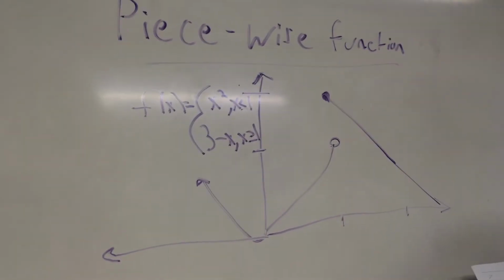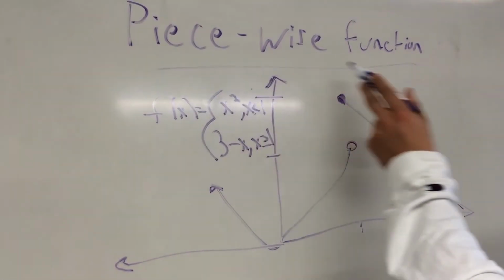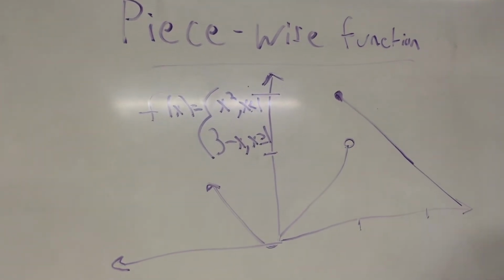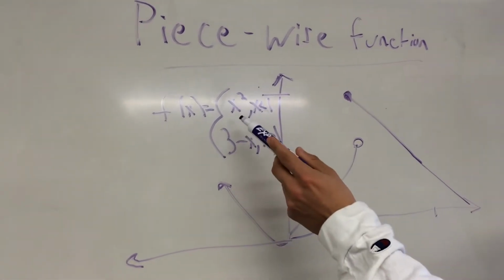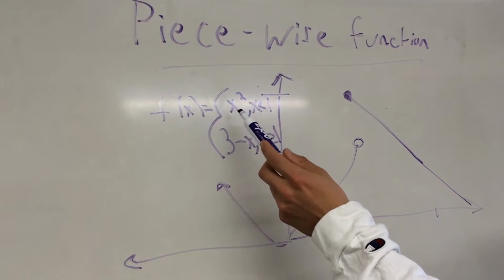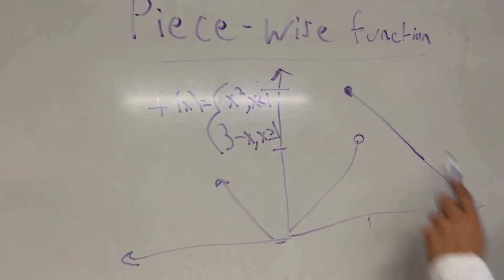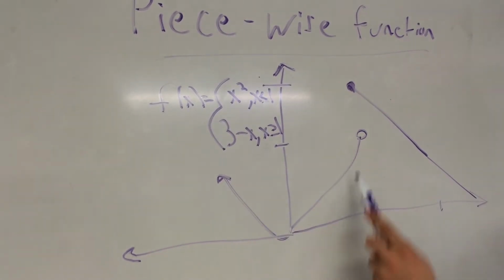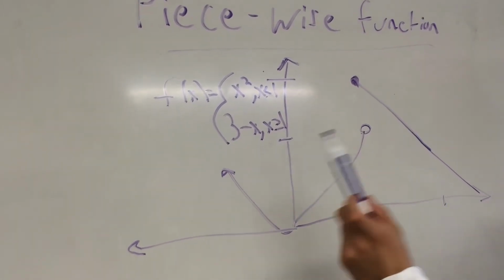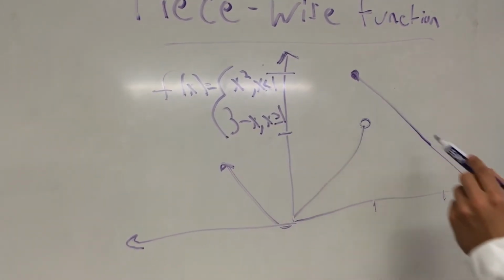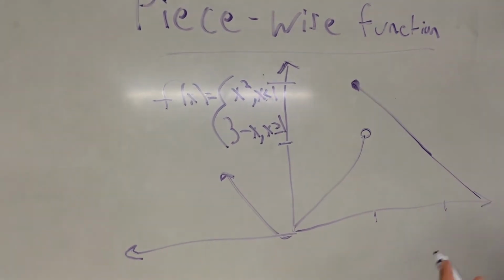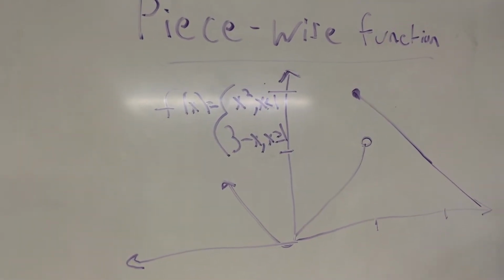However, as we have also learned with our left and right hand type functions, as x approaches 1 from the left, it equals 1, while as x approaches 1 from the right, it equals 2, because from the right it goes to 2. So this is another type of problem we encounter.